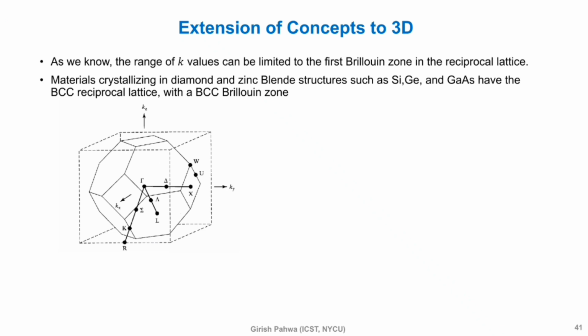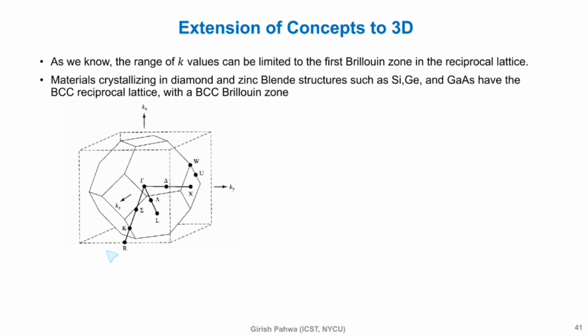In a simple cubic, if you have A, what will be the reciprocal lattice? 2 pi by A. So this dimension will become 2 pi by A. The simple cubic will remain simple cubic, but the length of the unit cell will become 2 pi by A.